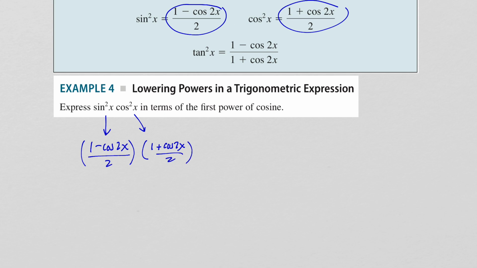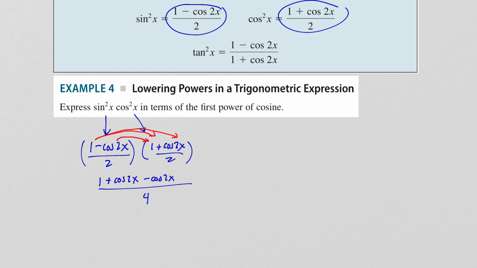Now, if we multiply these out, in the bottom here, we have 2 times 2, which is 4. On top, we have 1 times 1, which is 1. And then 1 times cosine and negative cosine times 1, and those are both cosine of 2x. Those are going to cancel out. You're going to have a positive cosine of 2x and a negative cosine of 2x.